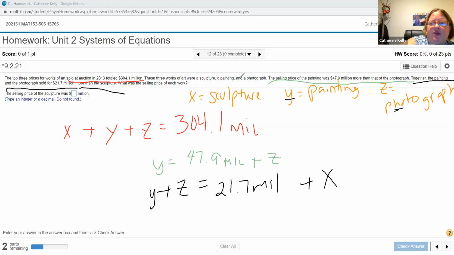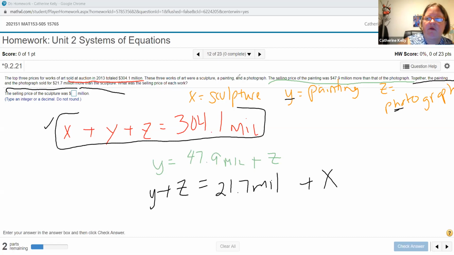So your 3 equations are those, and you remember you have to put them in the form of X, Y, Z, and a number. So this is in the right form. So I'm going to keep this one. I've got to move my Z over though.